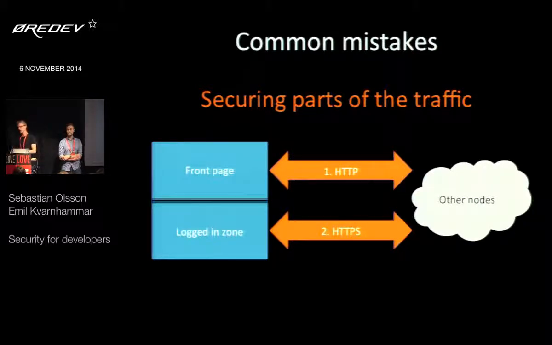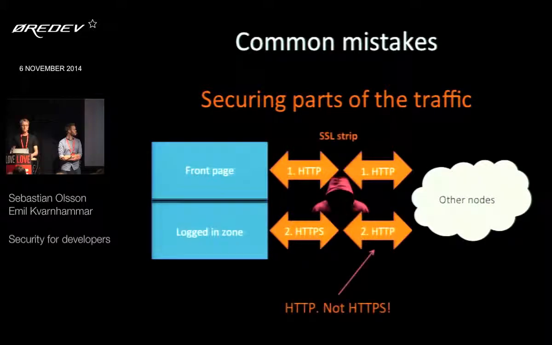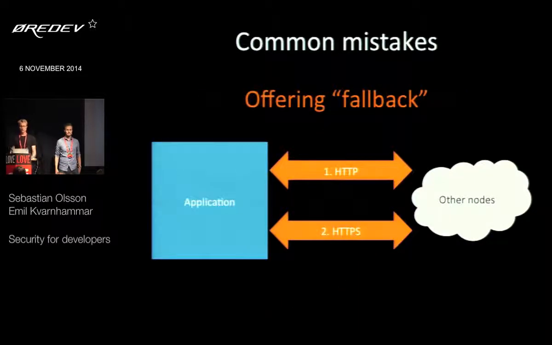And if you use the insecure zone as an entry point over HTTP and then go over to HTTPS, that opens up for man-in-the-middle attacks. A man-in-the-middle could easily just strip all the SSL parts or strip the HTTPS URLs and replace them with HTTP URLs. That's an easy thing to do. It's nothing complicated. There are already easy tools to use.